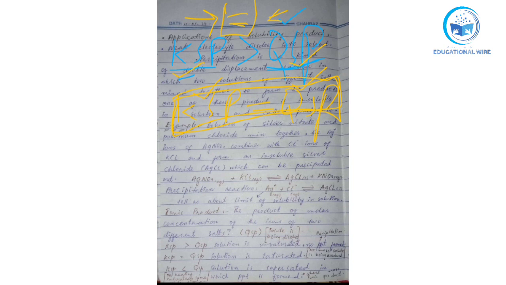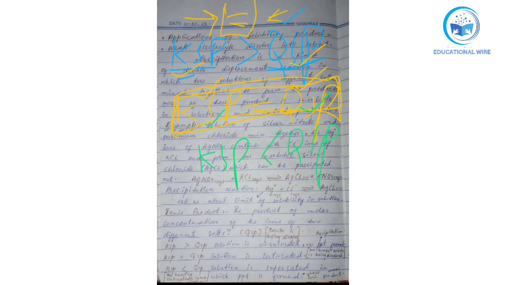After that, last we have KSP is less than QSP. When we have more QSP and less KSP, this solution is called supersaturated, in which precipitation is formed.